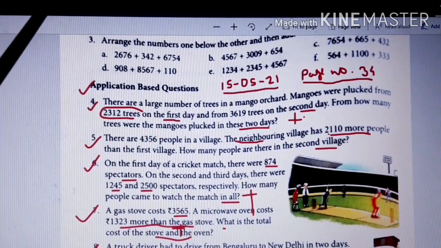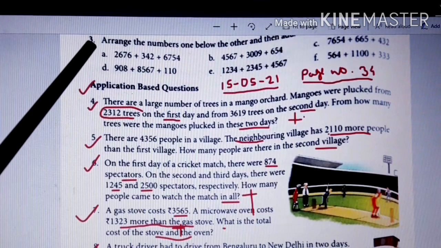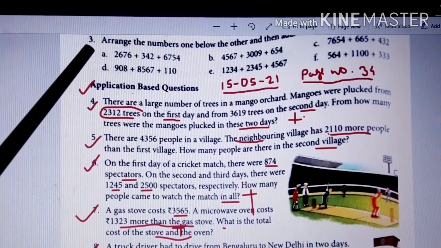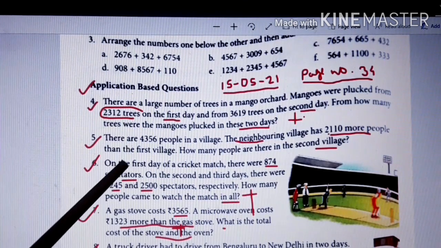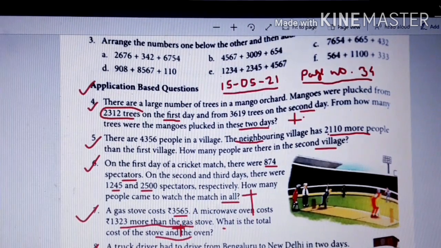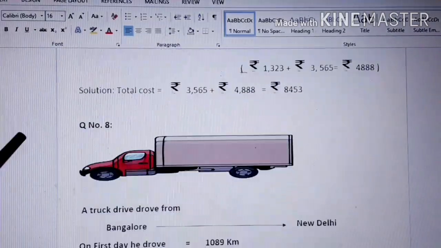So children, you are supposed to find here the total distance. The word total is there. So what do we do? Addition. So we are going to add the distance covered on the first day and the distance needed to cover on the second day. We are going to add both the distances and you will get the answer.